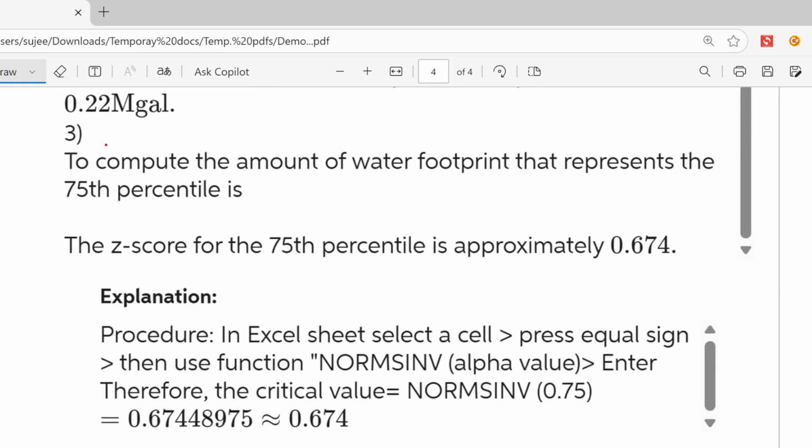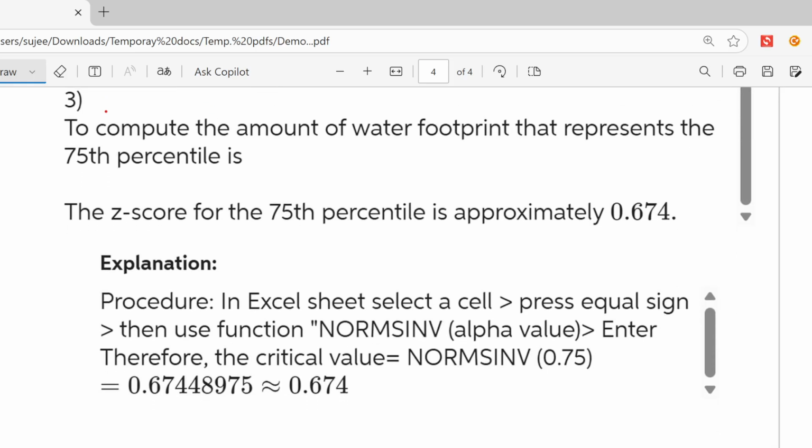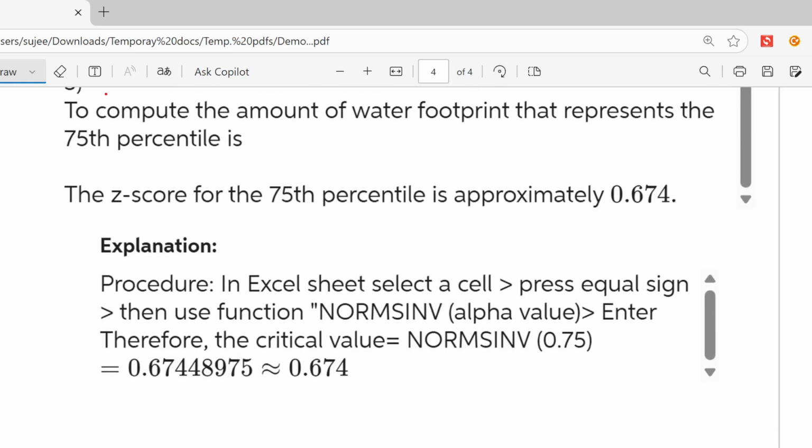Now similarly, we will solve part C to compute the water footprint that represents the 75th percentile.